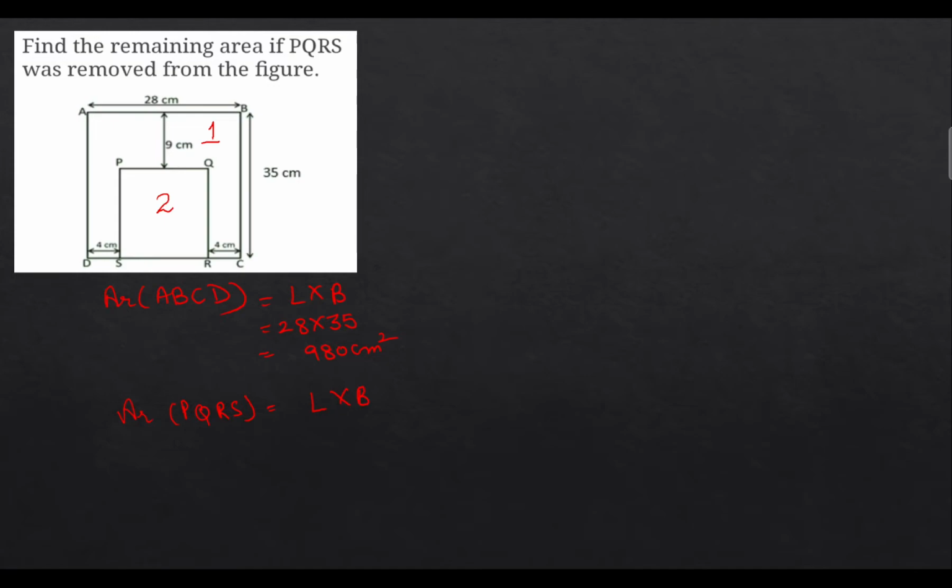Now see, from this full length of 35 centimeter, you have to exclude this 9 centimeter because it is not a part of PQRS. So we will identify length is 35. I will write down on the top. Length is equals to 35 minus 9, which means 26 centimeter, right?